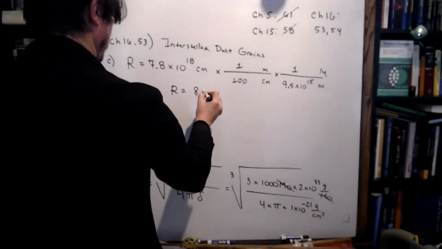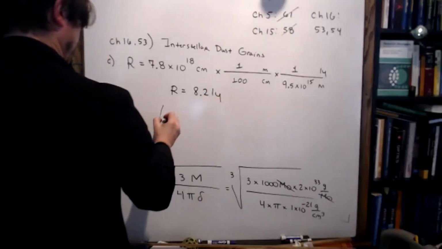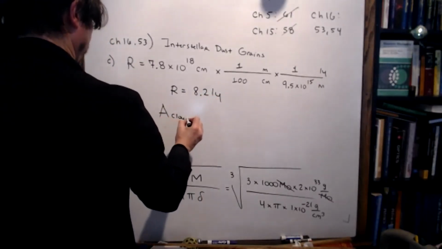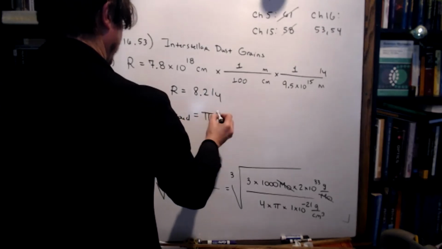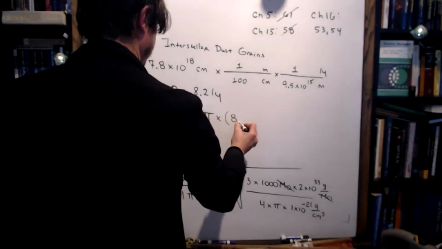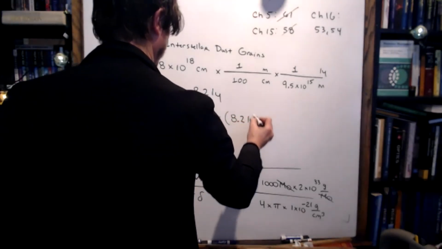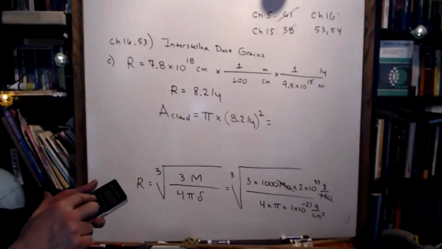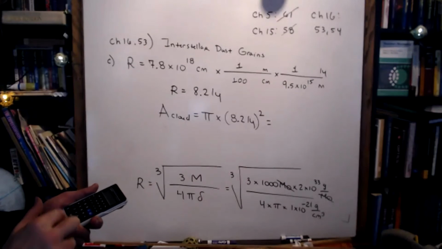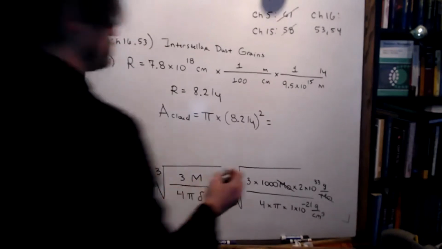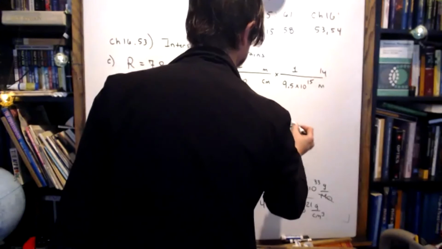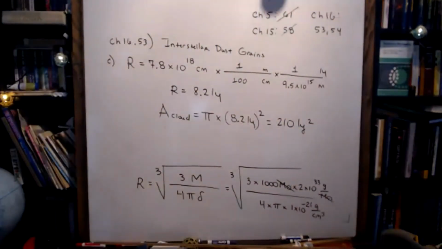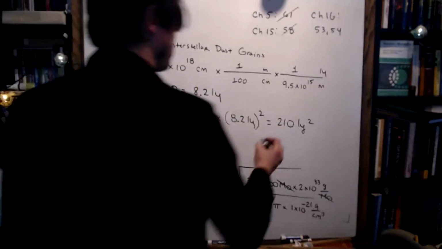Nice. And now we'll calculate the surface area of the cloud. We'll imagine it's like a disk. Pi times 8.2 light years squared. And just to save you a little bit of time, I get 210 square light years.